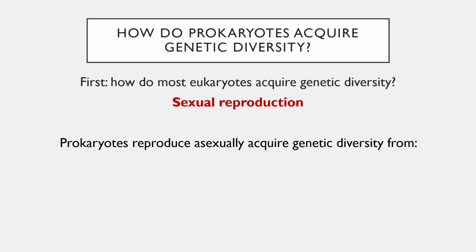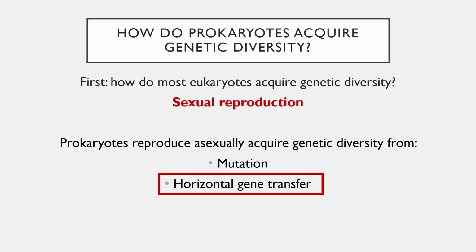And so they have two alternative sources of genetic diversity that do not come from sexual reproduction. Those sources are mutations, or random errors in the genetic code, as well as methods of horizontal gene transfer. We've already talked about mutations, so now we're going to talk about horizontal gene transfer.